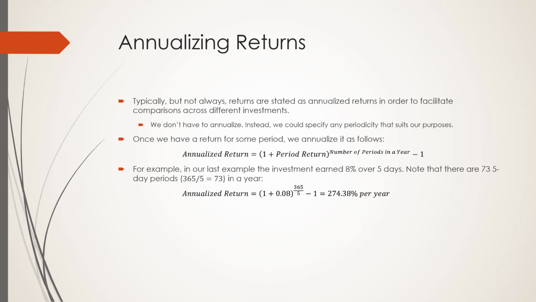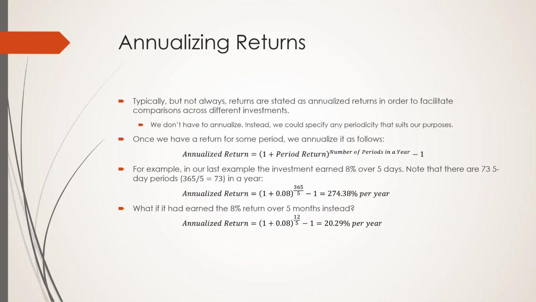Now, one other point before we look at a couple other versions of this. Note that the power is the number of periods in a year. So there are 365 divided by 5 5-day periods in a year, in other words, 73. What if instead of each of those periods being 1 day, they were months? So you've earned an 8% return over 5 months.